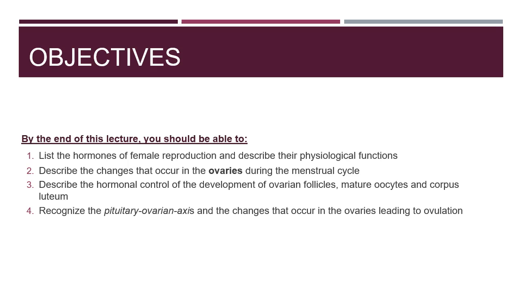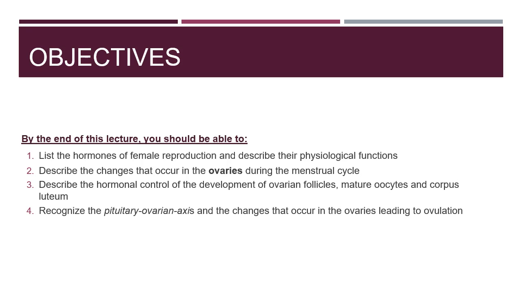The main objectives of this lecture are, first, to identify the hormones of female reproduction and describe their physiological actions. Second, to describe the changes that occur in the ovaries every month.